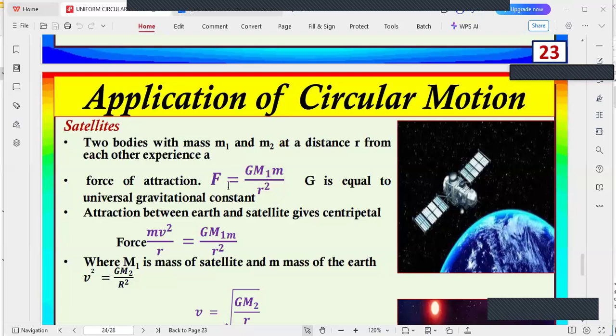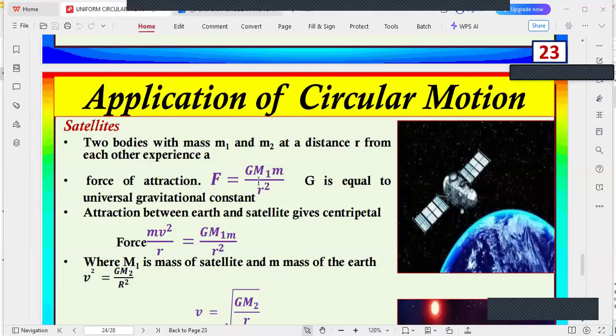Then this is the mathematics involved here. Though this is not examinable, you should know that the distance between the satellite and the Earth is given by R. G is called the universal gravitational constant. M1 is mass of the satellite.